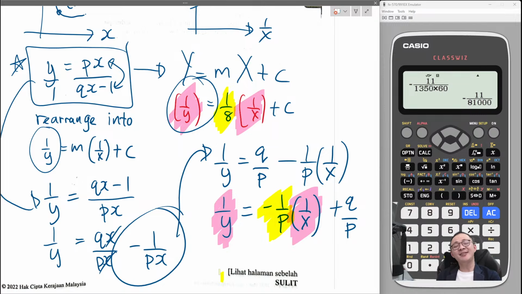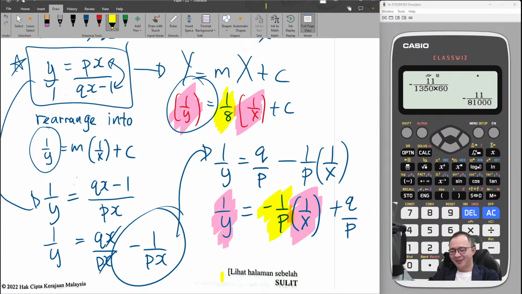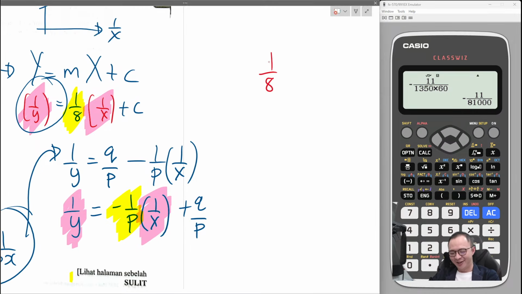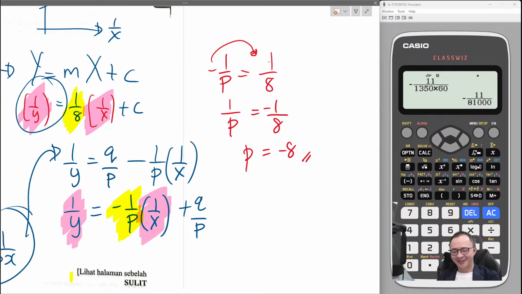Then can I say negative 1 over p equals 1 over 8? Because they are the same. Both are the gradient. Cool? If you get it, then now I'm going to write 1 over 8 equals negative 1 over p. I bring the negative to the other side. 1 over p equals negative 1 over 8. I flip the fraction. Is p equals negative 8? Done.